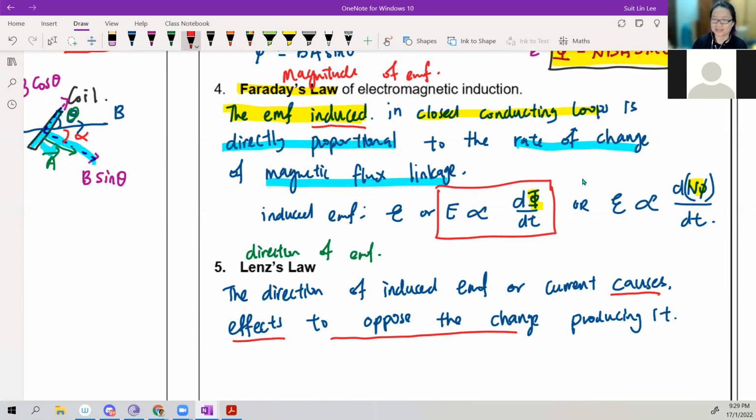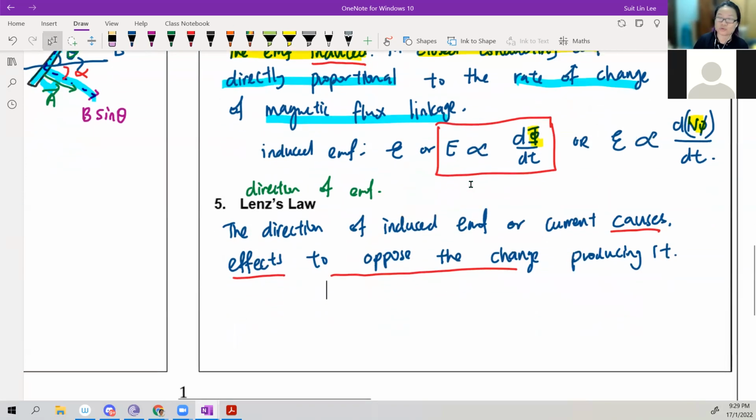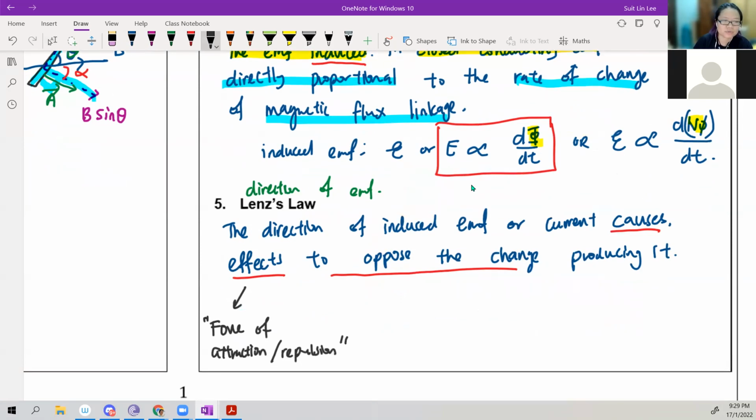Okay, so what are the examples of the effect? We will go through different types throughout the whole chapter, but these effects here could be force, either attraction or repulsion, depending on the situation, depending on the change. Okay, it can also be energy loss, because you want to oppose the change, right?